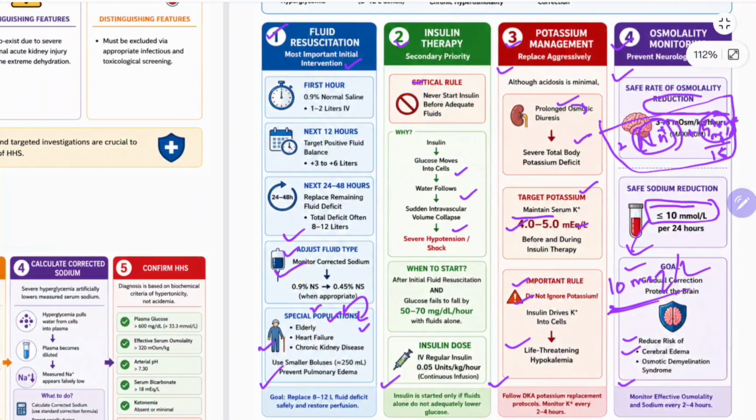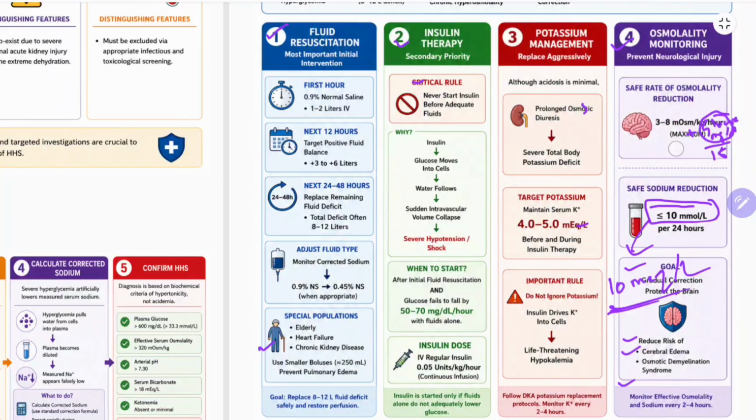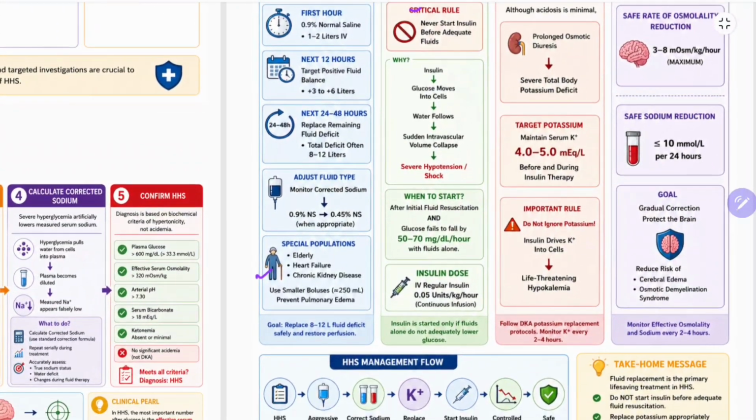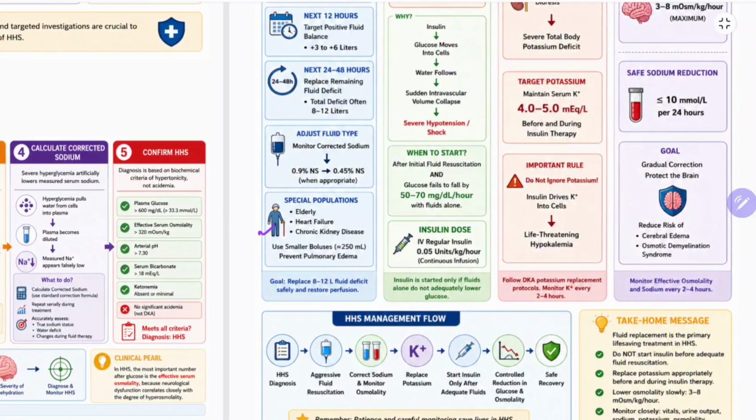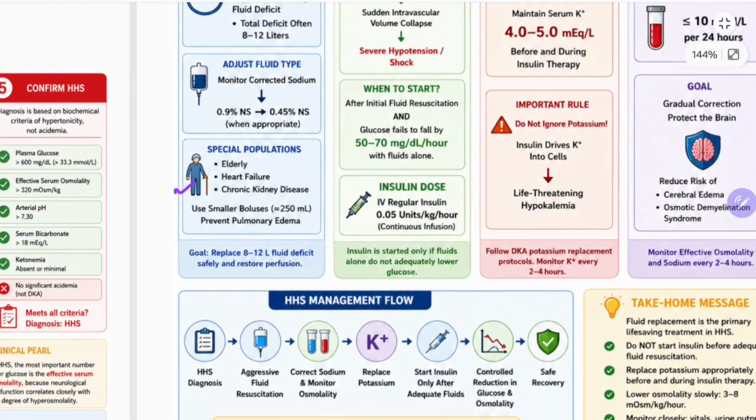And potassium replacement is similar to diabetic ketoacidosis, and we need to monitor sodium concentration, and it should not fall more than 10 milliequivalents per hour. Okay, that we need to remember. In terms of osmolality, 3 to 8 milliosmol per kg.